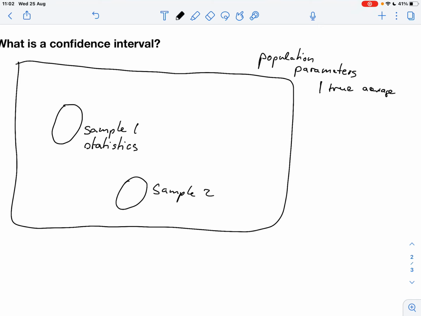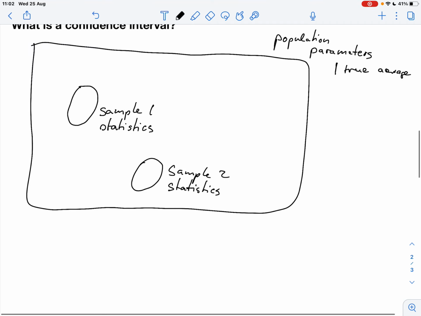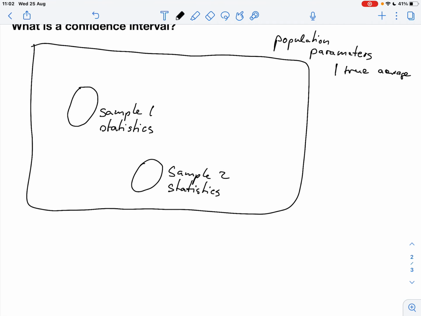And what I'll find is that the statistics again characterize this sample 2, and the statistics might be slightly different, because I might have picked a different group of female students or something like that.